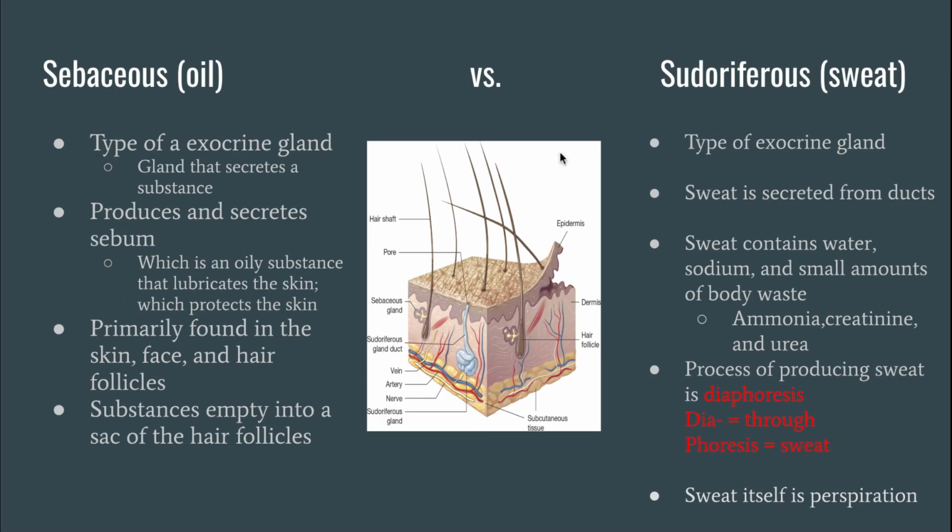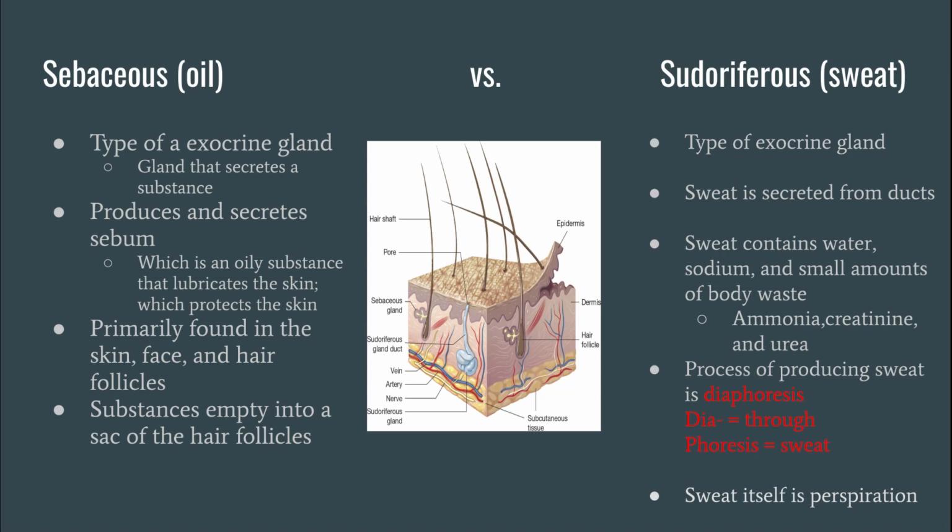Sebaceous versus sudoriferous glands. They're both types of exocrine glands, which just means they're a type of gland that secretes a substance. Sebaceous glands are known as our oil glands. These are located in the dermis, and these secrete a substance called sebum.